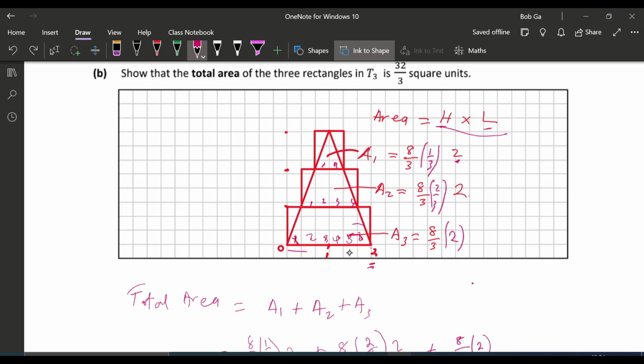Or you can simply say it takes all the 6, because there are 6 grids in the 2 units. So it takes all 6 out of 6 grids. So we can also represent it this way: 6 out of 6 grids times 2 units. Of course, it's 2, the base.